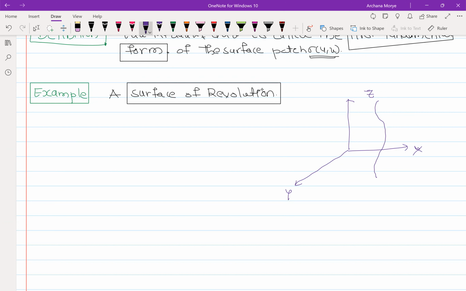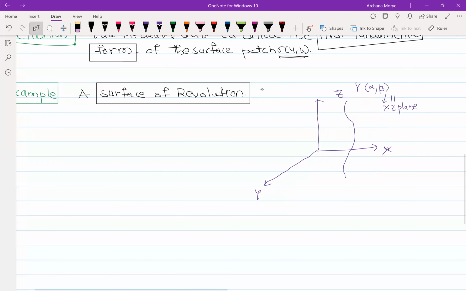This is a gamma from alpha to beta, not into R3, we are going to take it into the xz plane. If it is in the xz plane, what will be the equation? It will be f of u comma 0, g of u. Do you agree with me? Because the y coordinate will be 0 here, right? Yes, sir.